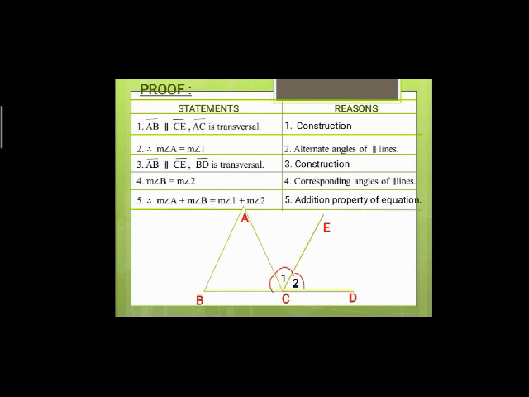AB is parallel to CE, so BD is the transversal by the construction. So angle B is equal to angle 2, corresponding angles of parallel lines. That's why we add statements 2 and 4. By the addition property of equation, angle A plus angle B is equal to angle 1 plus angle 2.